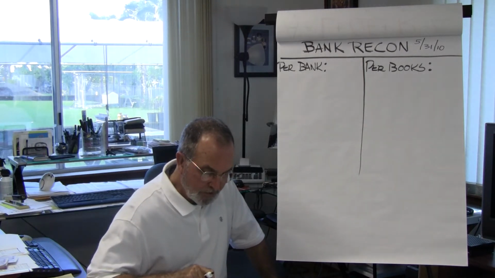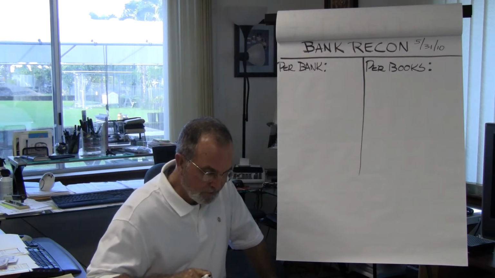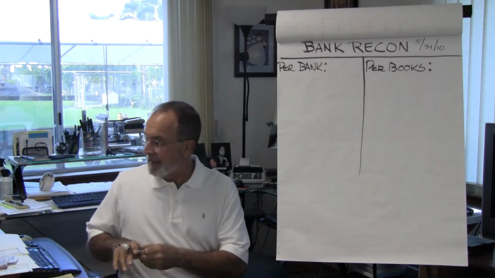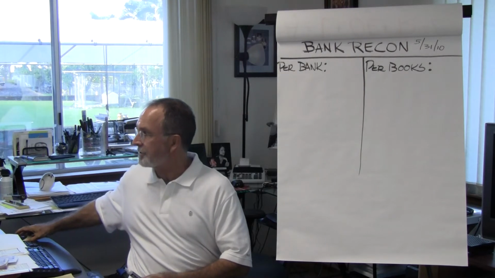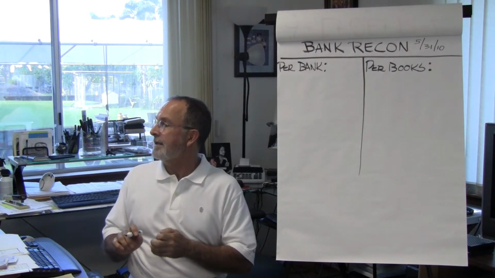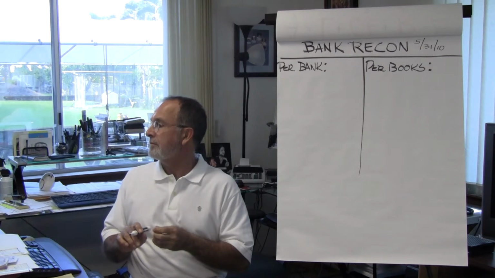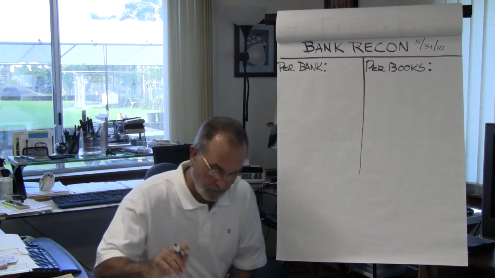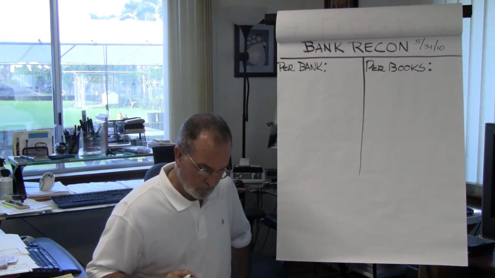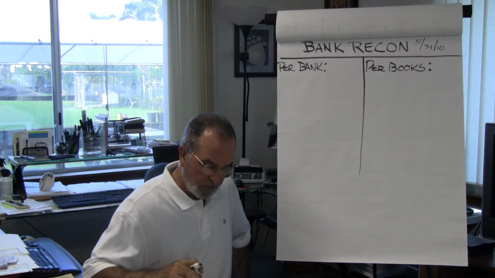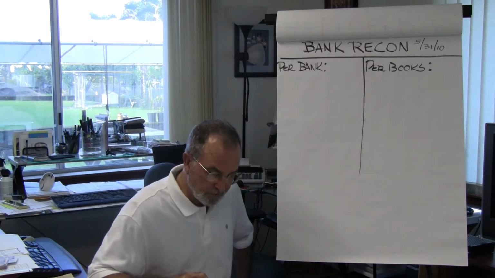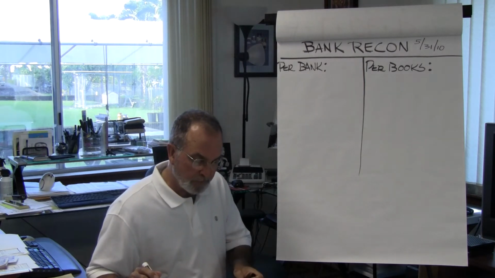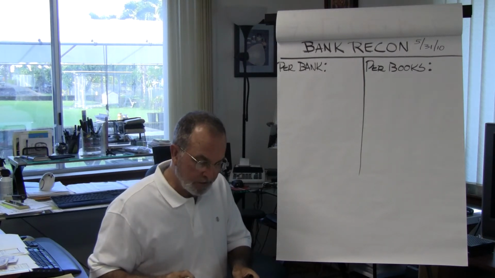It says Martin Company's bank reconciliation at the end of April 2010 showed a cash balance of $18,800. So since that was our reconciled balance at the end of April, that should be our beginning cash balance for the month of May, $18,800.